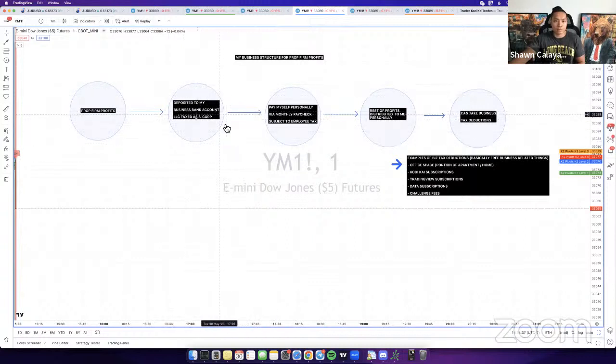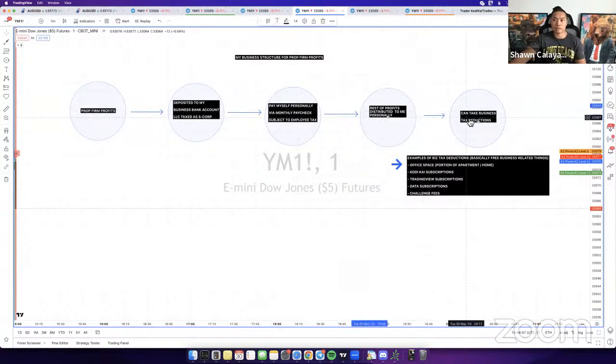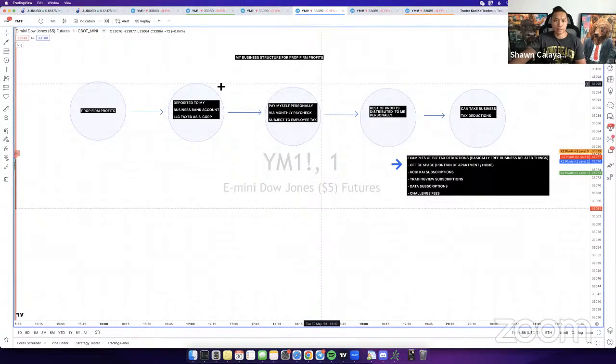So if you do sign up for a business account, definitely do not tell them you're a trader, because I did that the first time and it was such a mess. I had to talk to 3 higher ups to explain what I was doing, and then they finally opened a bank account for me.